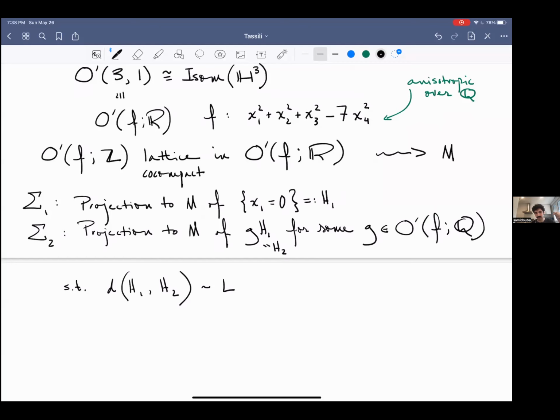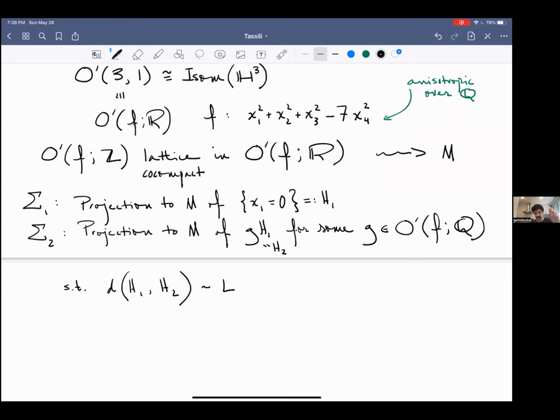But what's not obvious at the moment is this orthogeodesic fact. Maybe I also didn't explain that because we picked G to have rational entries, the projection of H2 will also be closed.